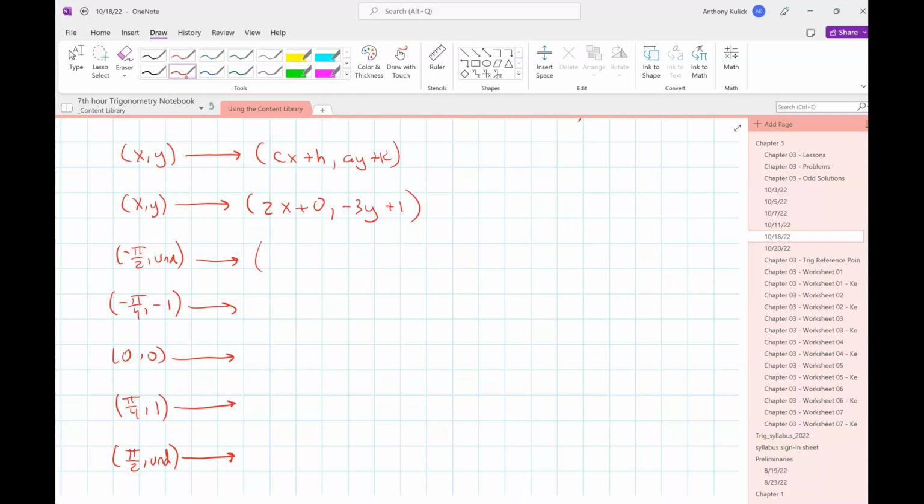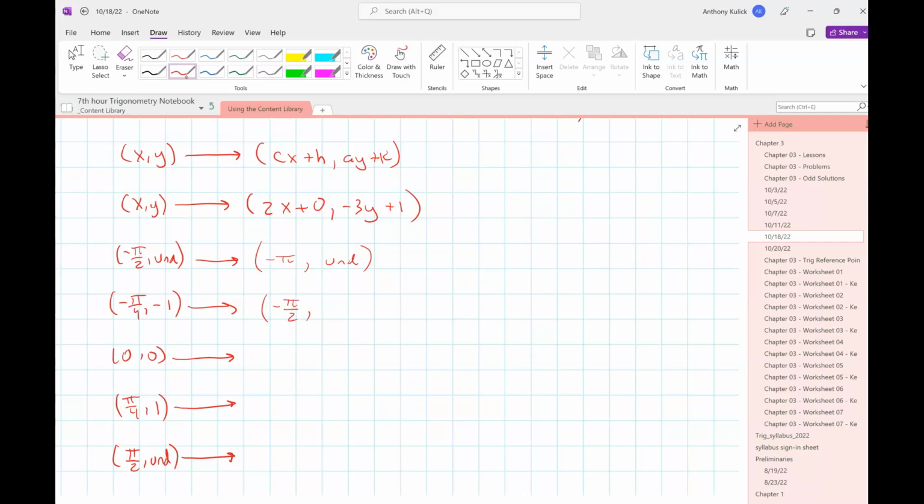2 times -pi/2 is -pi. And then -3 times undefined plus 1. Still undefined, right? Doesn't matter what you do to undefined. It's just staying undefined. Multiply it, add it, subtract it, whatever. Undefined is still undefined. Everybody's cool? Okay. 2 times -pi/4 becomes -pi/2.